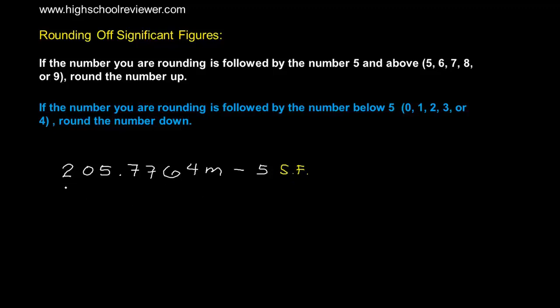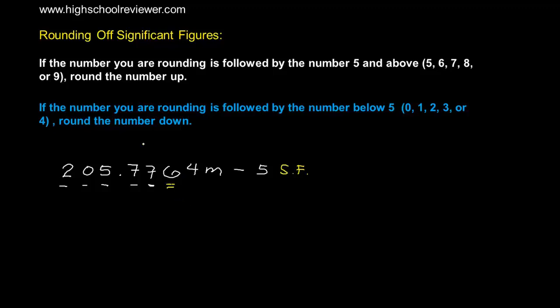So we have the first, the second, and the third, and then we have the 4th and the 5th significant figures. So we are going to round off the number 7, and we are going to base that on the number to the right of 7. So the number to the right is the number 6.